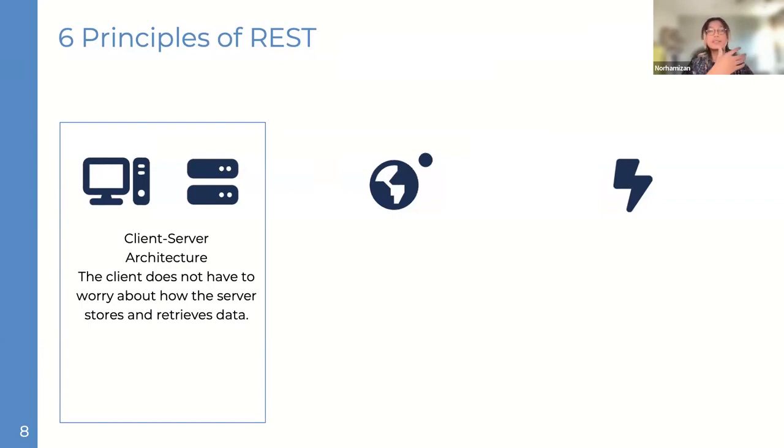It would access the server, and that's it. Whatever is in between, for example, your database, authentication services, should be separated from that flow. So it should be client and then server, and that's it. And the client won't have to worry about how the server stores or retrieves the data.